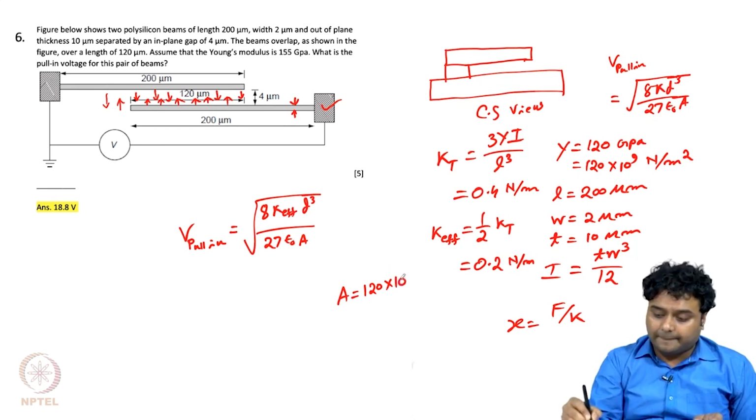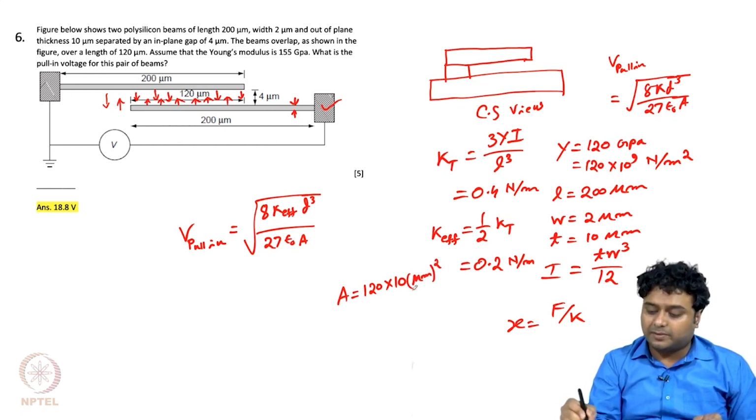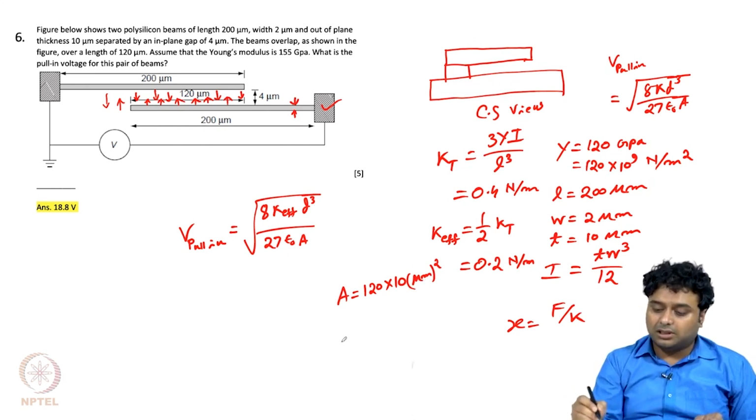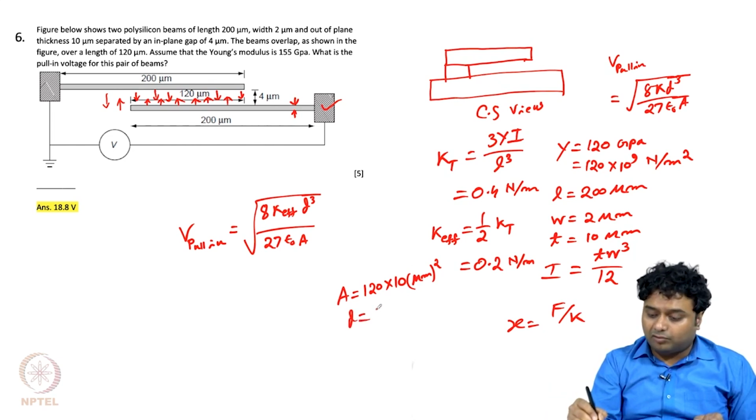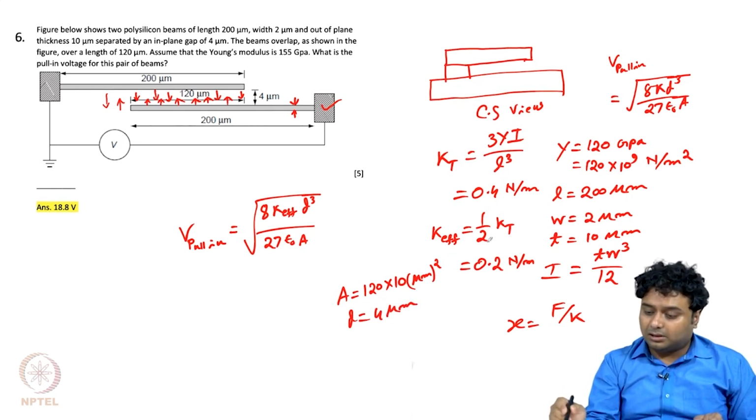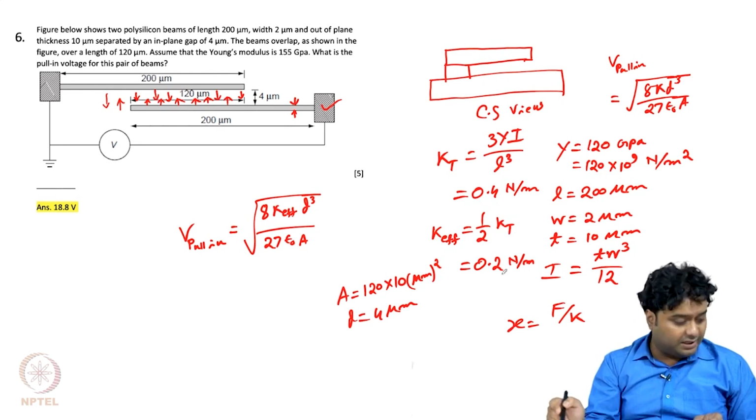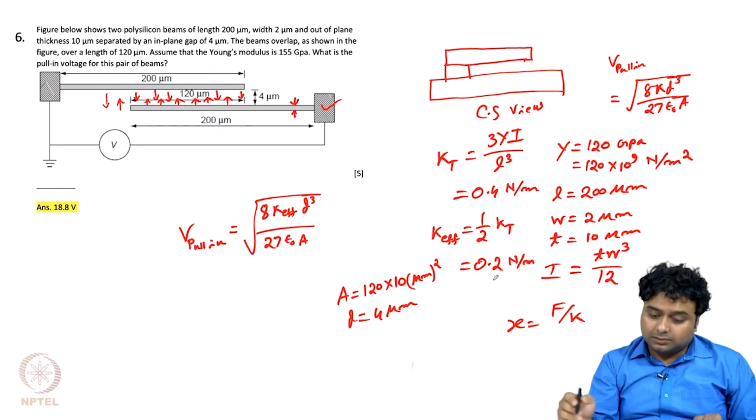So 120 into 10 micrometer square, right. So there will be 10 to the power minus 6 into 10 to the power minus 6, 10 to the power minus 12 coming out of this. So this is A, and then D equal to 4 micron, and you already know K effective to be 0.2 Newton per meter, and epsilon naught is anyway known.